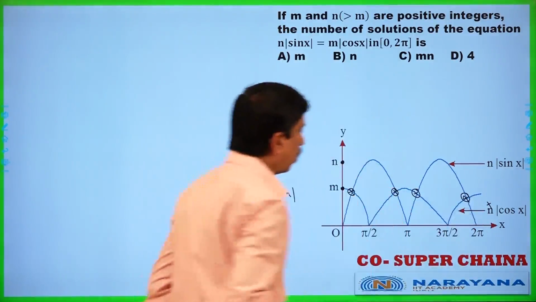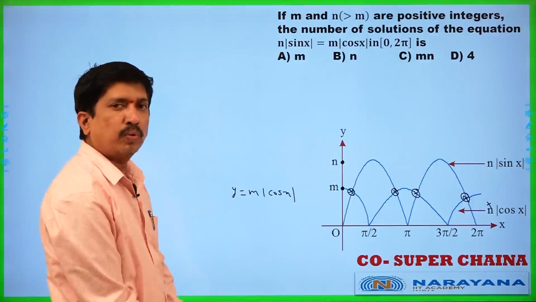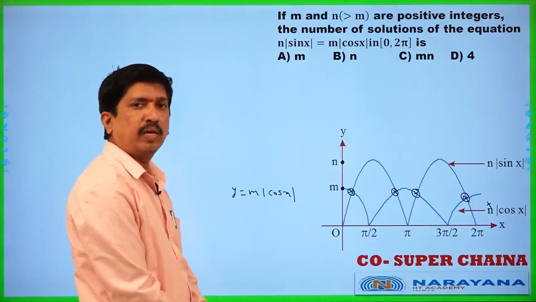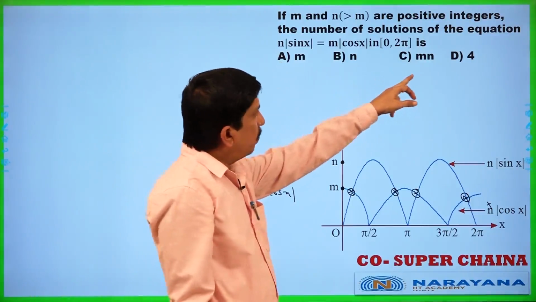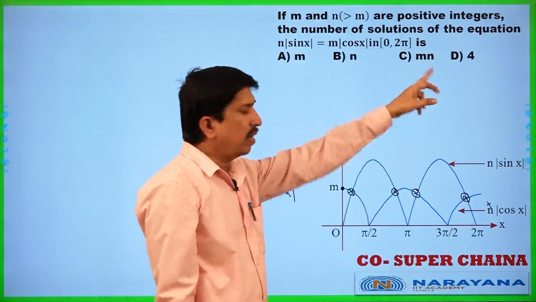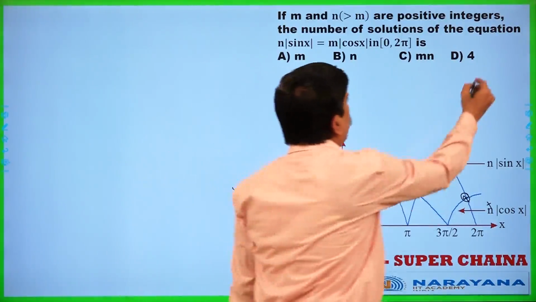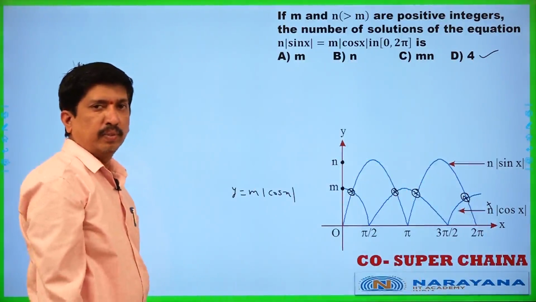How many solutions are there? The number of solutions is 4 only. So this 4 is the right answer. 4 solutions we are getting.